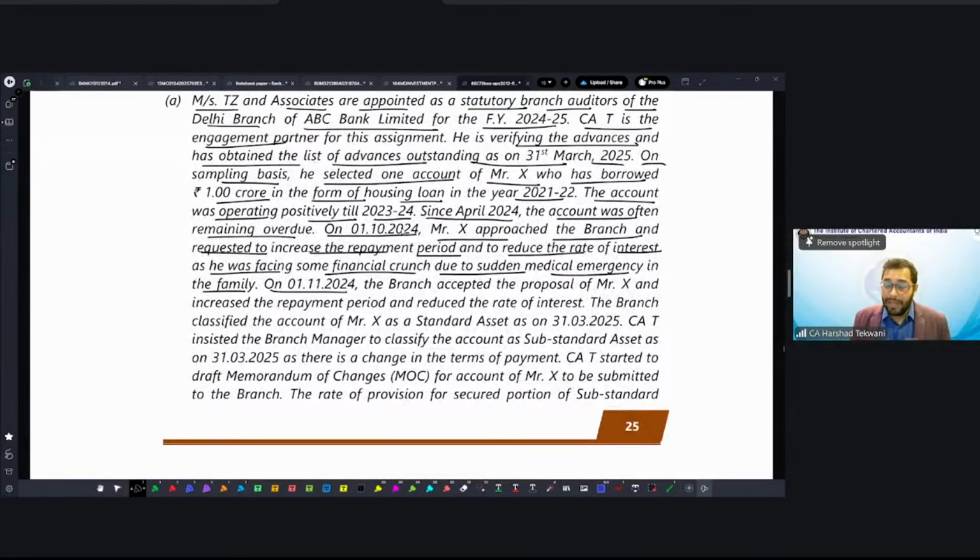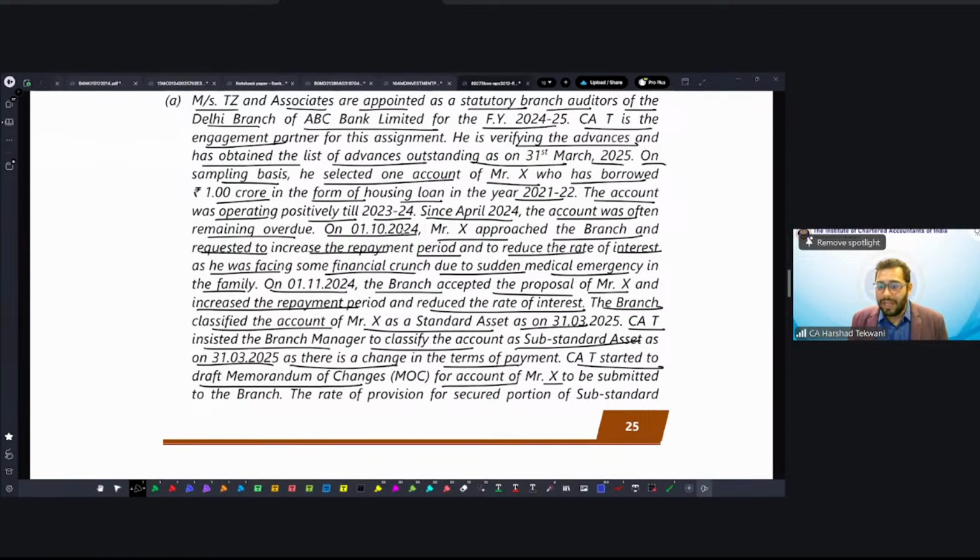On 1/11/24, the branch accepted the proposal of Mr. X, increased the repayment period and reduced the rate of interest. The branch classified the account of Mr. X as a standard asset as on 31/3/2025. CAT instructed the bank to classify the account as substandard as on 31/3/2025, as there is a change in the terms of repayment. CAT started to draft a memorandum of changes for the account of Mr. X to be submitted to the branch.